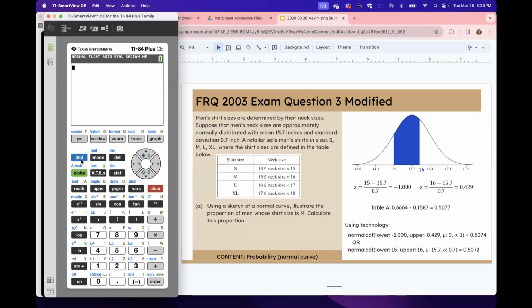If you're like me, then that top command is the perfect one because then the students have already standardized and they can find area between -1 and 0.429 on a standard normal distribution. But if you're very modern, I had some colleagues like this, you could just have them go straight to, let's find this area and move on and get our points. And they could write down the command that you see there. Yes, I said they can write down the command that you see there.